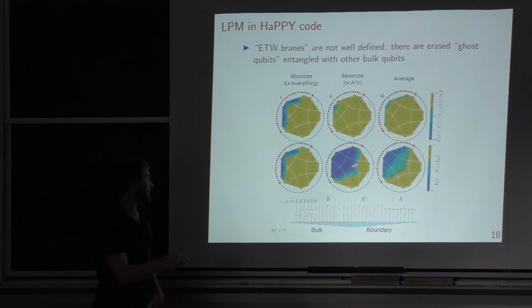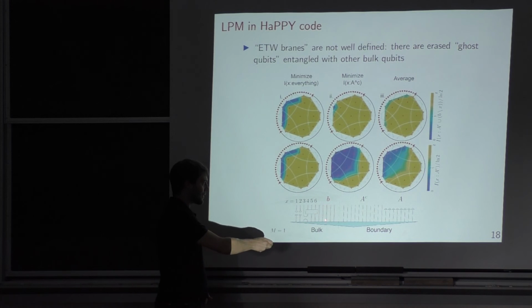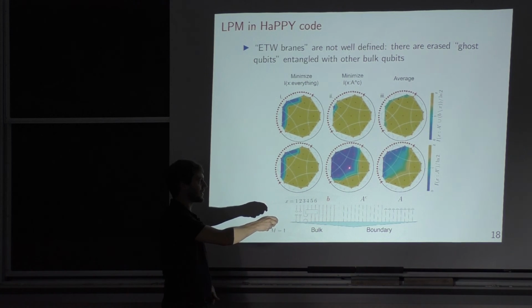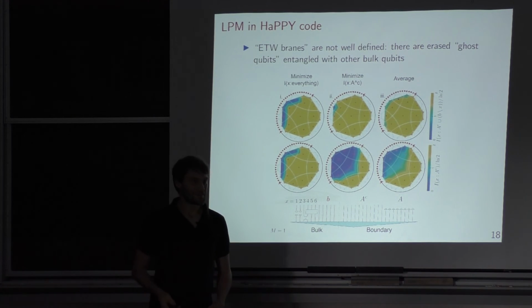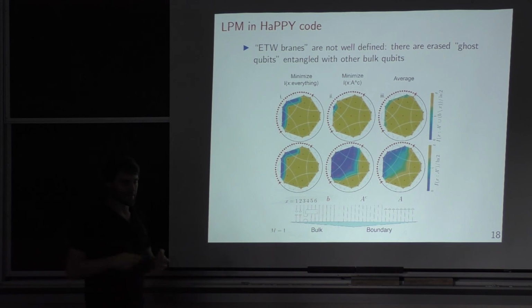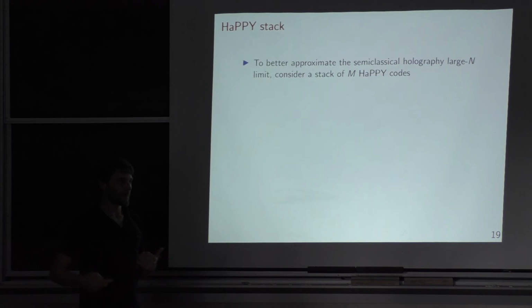Well, you can have mutual information which is neither 0 nor 2; that's another finite N effect. It's some intermediate value between the bulk qubits and the boundary, because they have entanglement with both the boundary and other bulk qubits. So if you only compute the mutual information between, say, this bulk qubit and the boundary, maybe it's not 0, maybe it's 0.3, because it's also entangled with other bulk qubits. These are all finite N effects that go away when you consider a stack of happy codes.